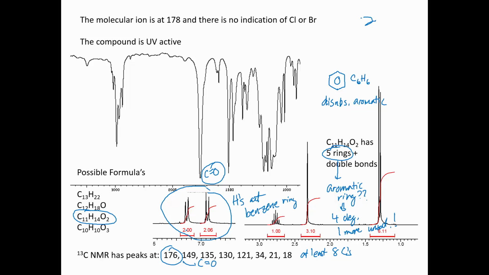It can have as many as 6, but it's only got 4 aromatic hydrogens. Therefore, there must be 2 things on the benzene ring.